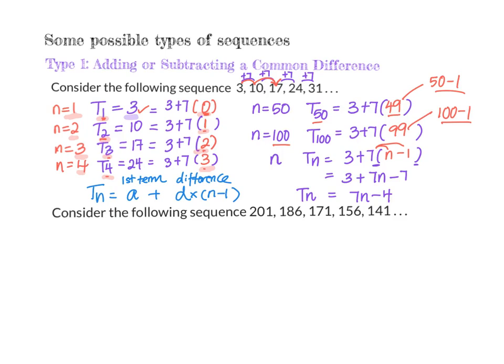And simplifying that will usually give us the answer to the formula for this type of sequence. Let's try this on another sequence.